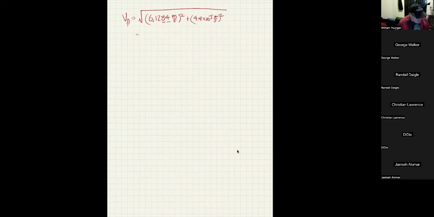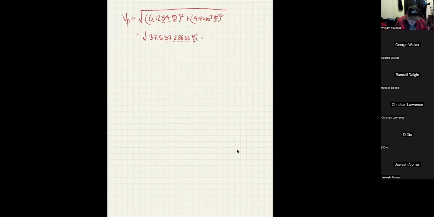That's going to equal the square root. Now, when I squared this 6.1284, I got 37.55728656. Now, according to the sig fig rules, I only had 3 sig figs, so all of these are insignificant.